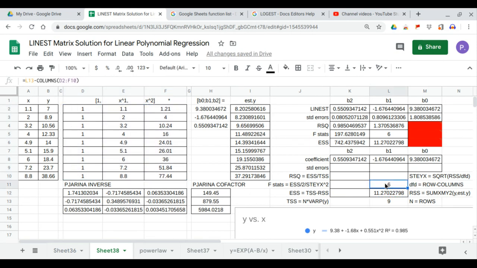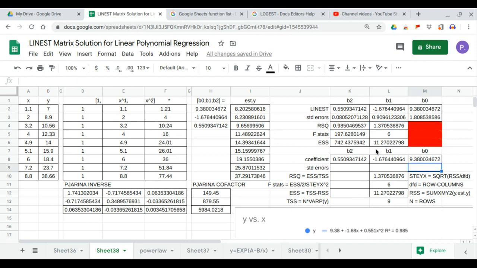And this DFD matches our LINEST output. Our standard error of y, which is equal to the square root of the residual sum of squares divided by degrees of freedom, 1.37, matches our LINEST output.